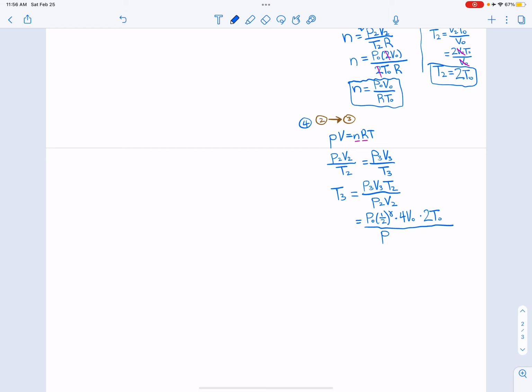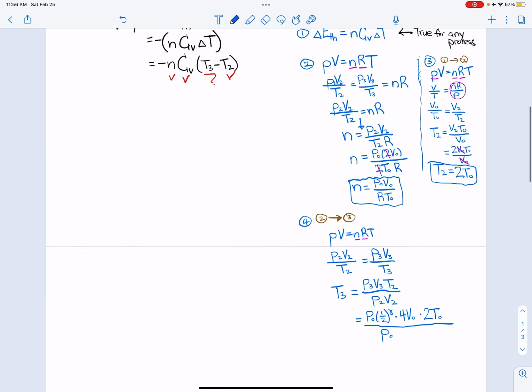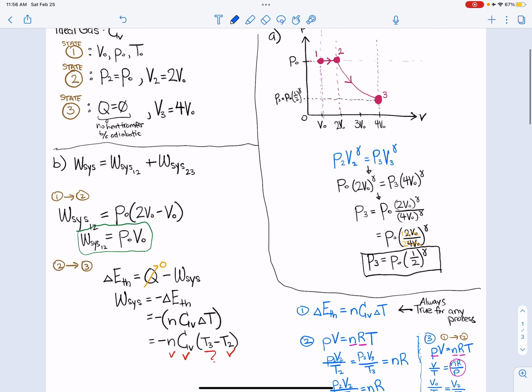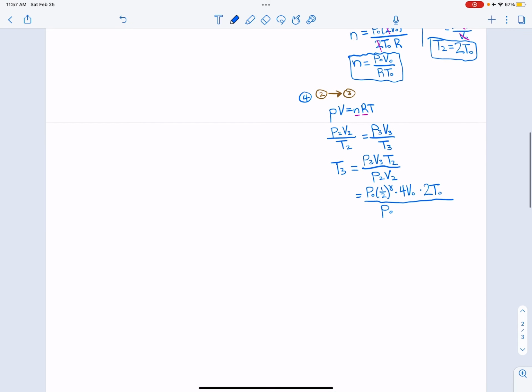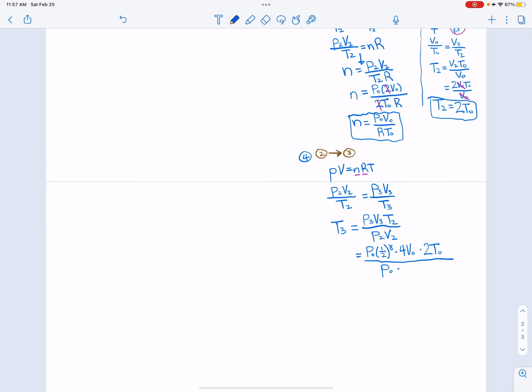And volume at 2 is twice V naught, which was also given. Beautiful. So times 2 V naught.